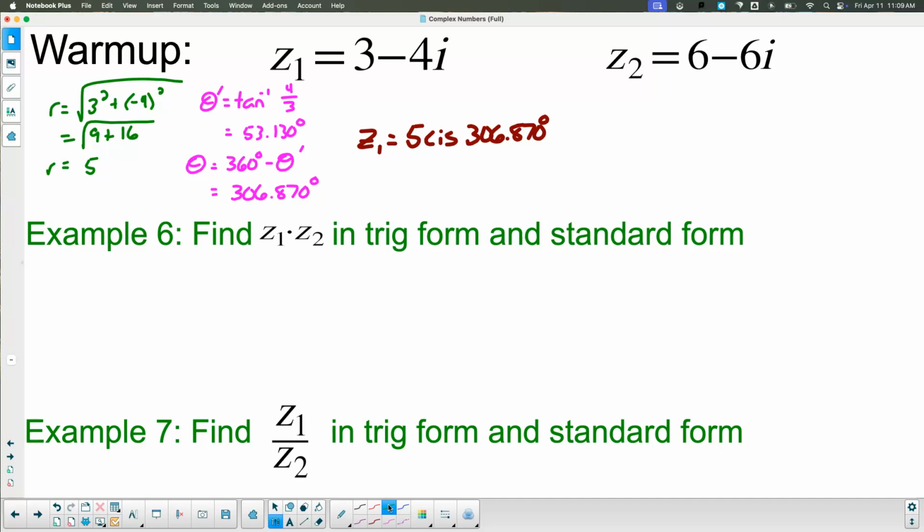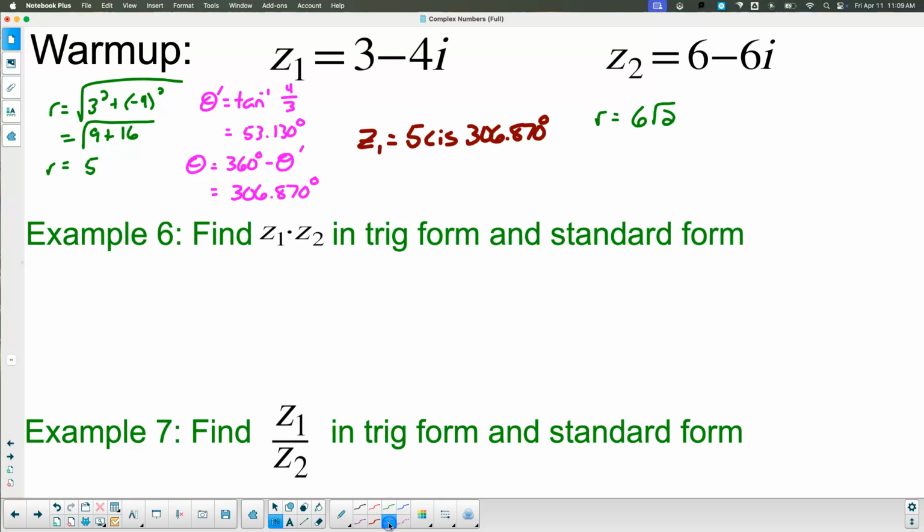Because it's 6 and 6, that's an isosceles triangle, which means it's a right triangle, which means it's a 45, 45, 90 triangle, which means my R value is going to be 6 square roots of 2. Because it'd be 36 plus 36, which is the square root of 72, which is 36 times 2, which is 6 square roots of 2.